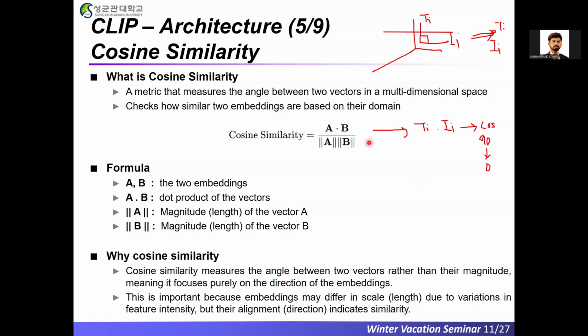For example, we have a textual embedding and an image embedding, and both can have a different magnitude when we convert them into the vector space, but their angle will tell us about their similarity. That's why cosine similarity is really popular in contrastive loss, because it tells us the similarity by finding the angle between the two vectors.